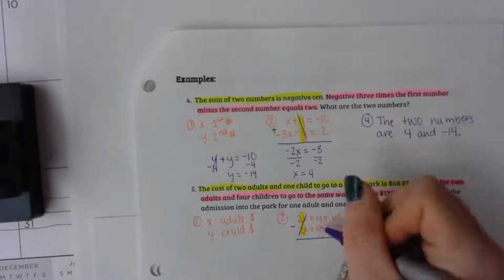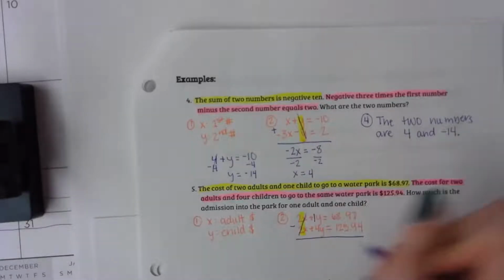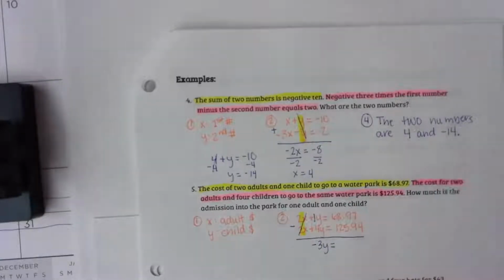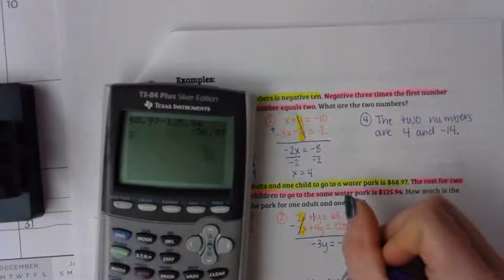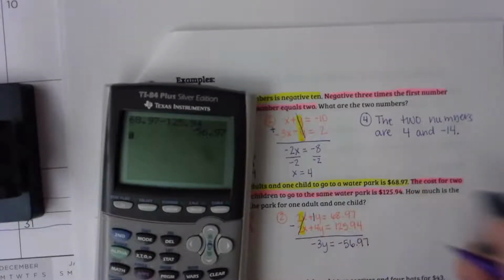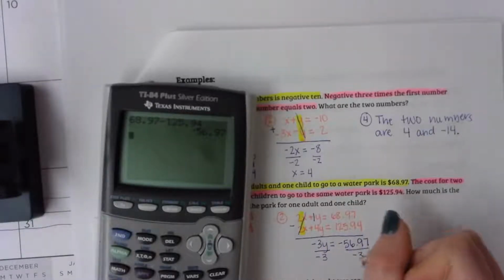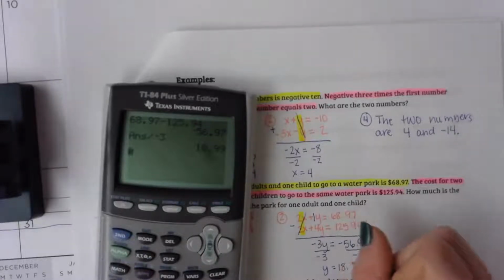So y minus 4y, so 1 minus 4 is negative 3y, equals 68.97 minus 125.94. So that is negative 56.97. So I'll divide by negative 3. So that's 18.99.